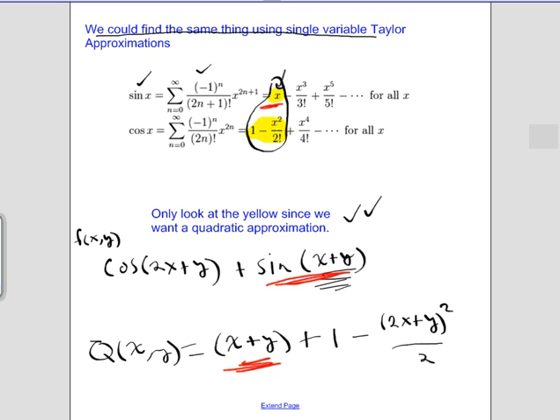And that is our cosine second order approximation, which is right here.